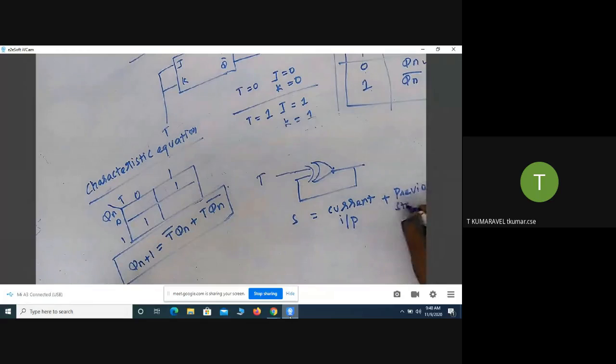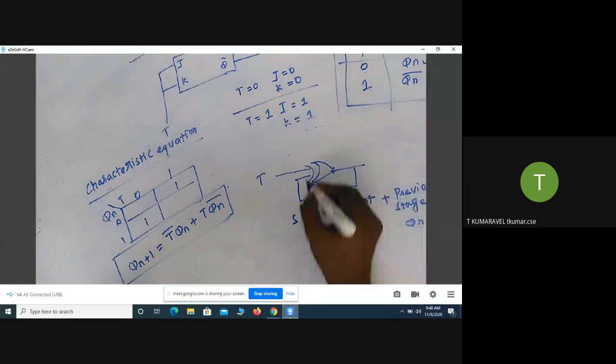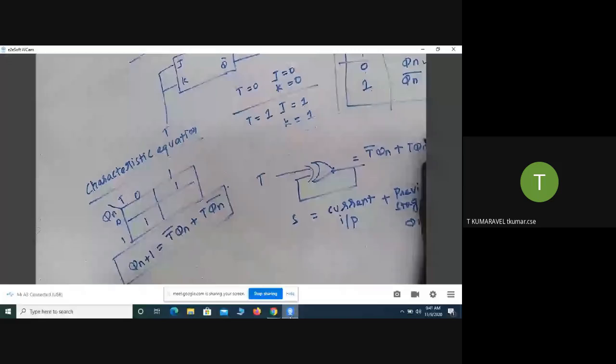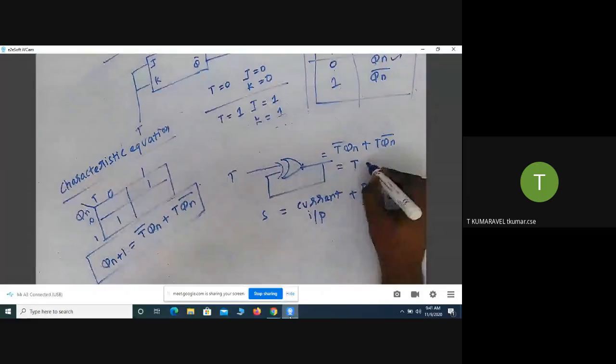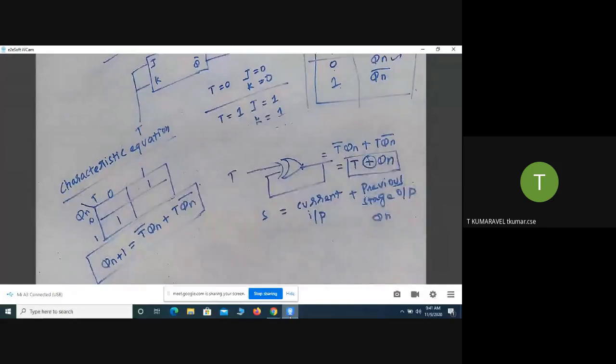The previous stage output is Q and Q bar, so I provide it as feedback. T bar Qn plus T Q bar n is nothing but an exclusive OR gate. It is okay for you.